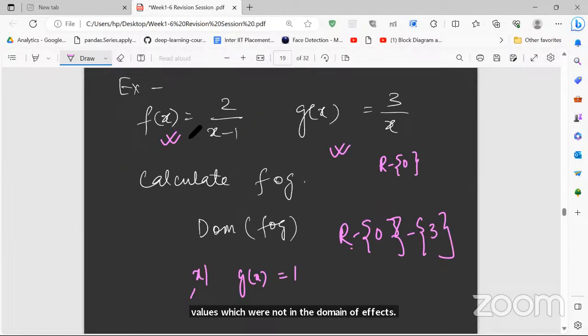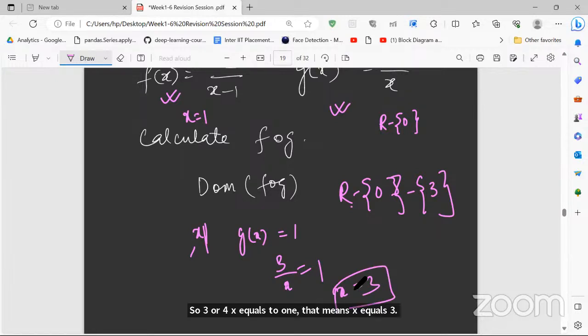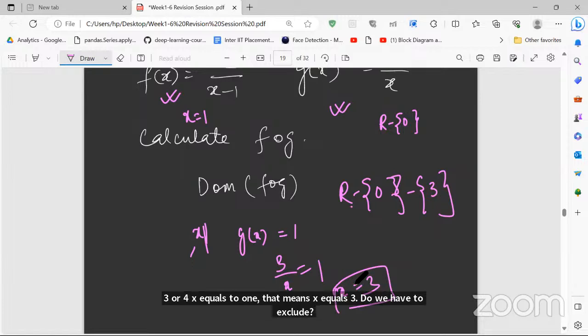For example, here for f(x), we know that x equals 1 is not in the domain of f(x). So we have to remove all those values of x where g(x) equals the value where f(x) was not defined. f(x) is not defined at 1, so g(x) equals 1. Which values give g(x) equal to 1? 3 upon x equals 1, that means x equals 3. So we have to exclude 3 also. Is this clear now?